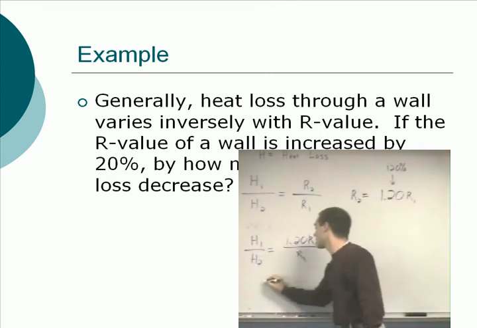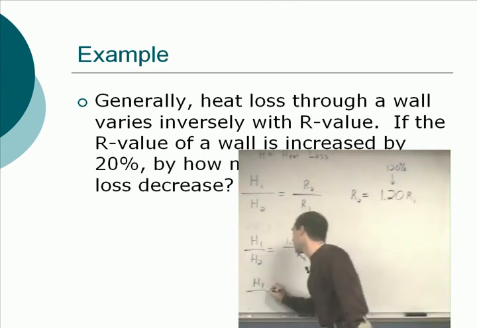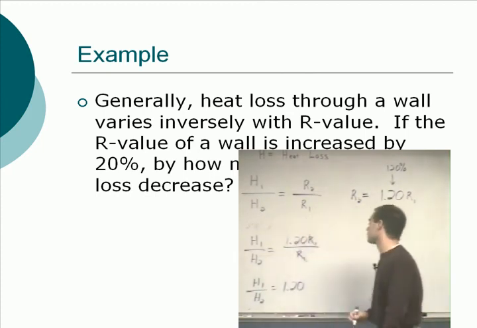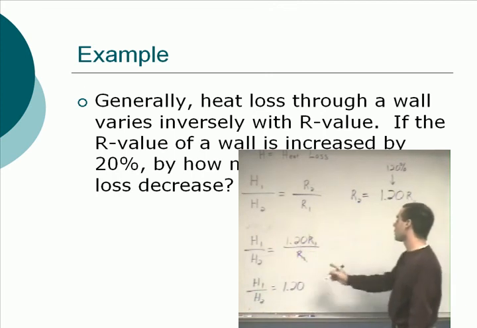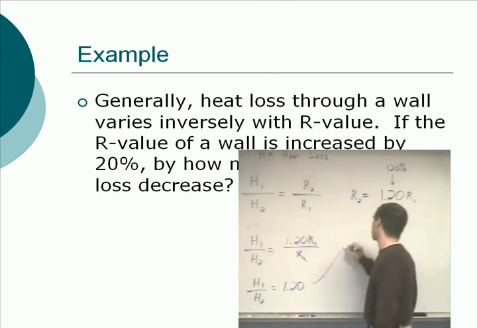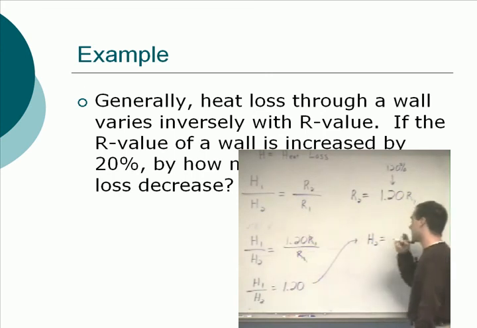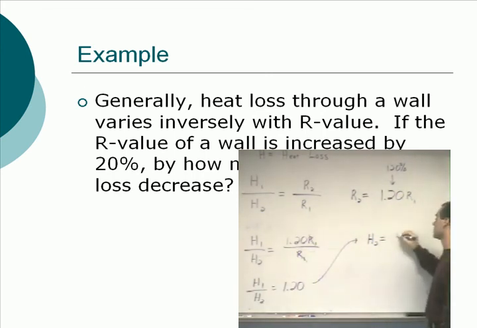So we have H1 over H2 equals 1.20. Or in other words, H2 is equal to 1 over 1.20 times H1. Stop there for a minute.